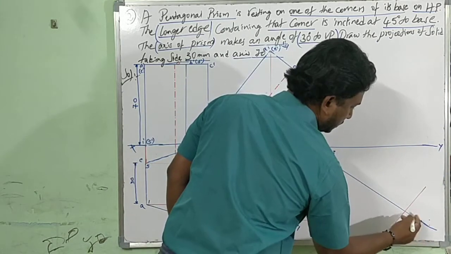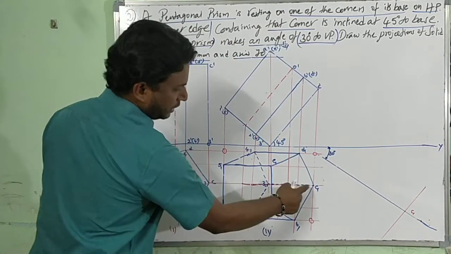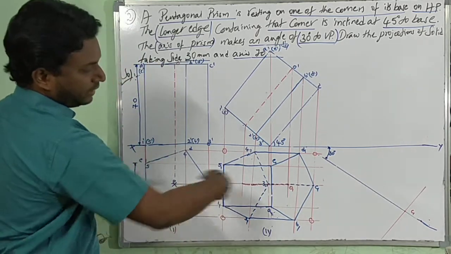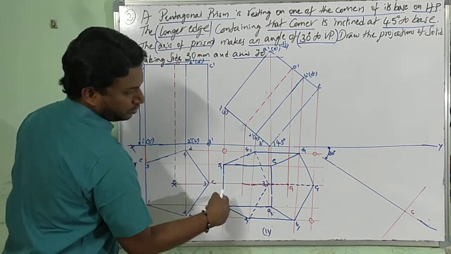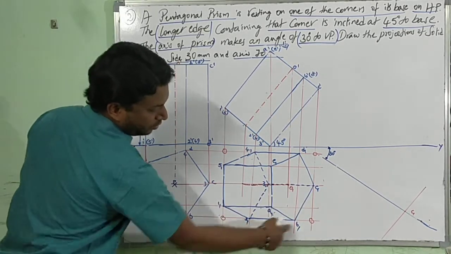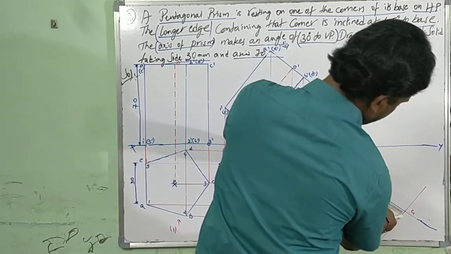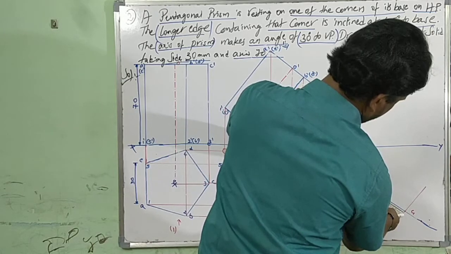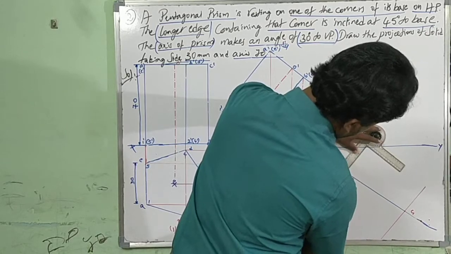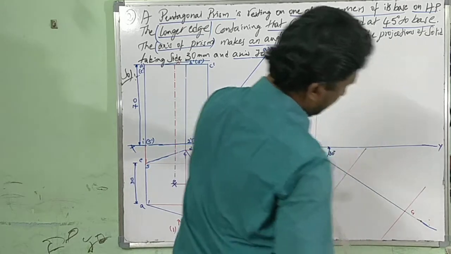Now taking this point as C1. Now complete the box. See, now from C1 to this point, the total length I have to measure. To complete the box, total length from this to this. What is this total length? Just try to measure. Keep that point. Complete that box.